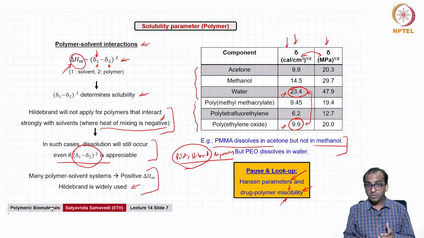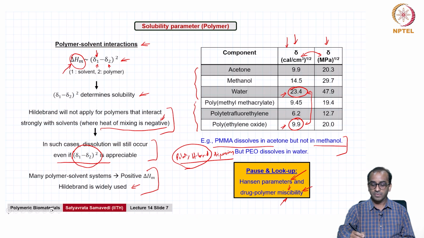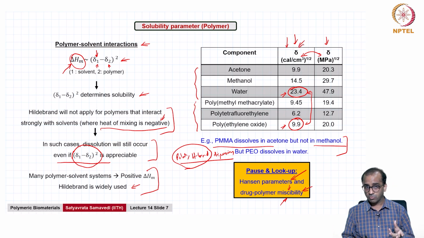One subtle point to keep in mind as we move on is the Hildebrand solubility parameter for small molecules, or liquids, for example. We said it depends on the cohesive energy density, which is simply the energy required for molecules to go from the liquid phase to the vapor phase, right?